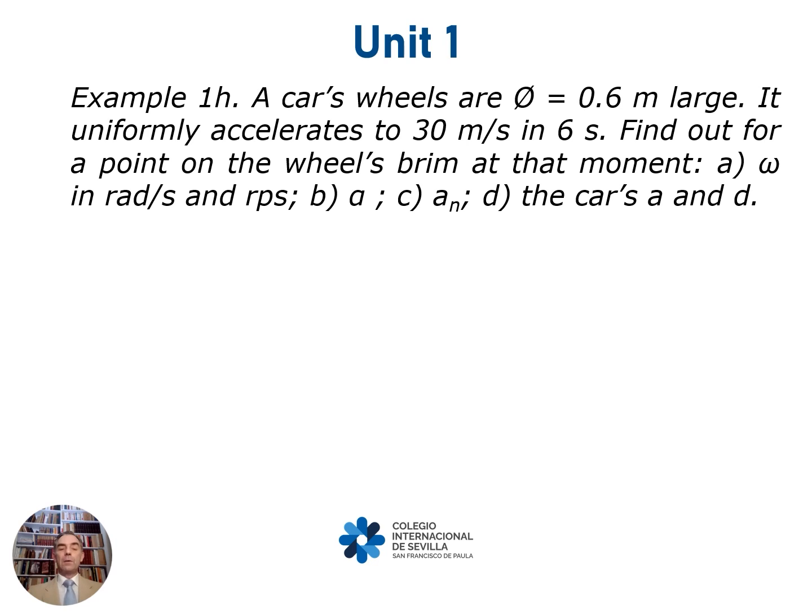Find out for a point on the wheel's brim at that moment, at the end of the 6 seconds, A, the angular speed in radians per second and rotations per second, B, the angular acceleration, C, the normal acceleration, and D, the car's acceleration and the distance covered since it started moving.